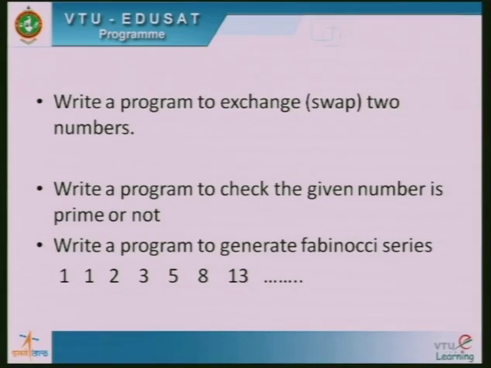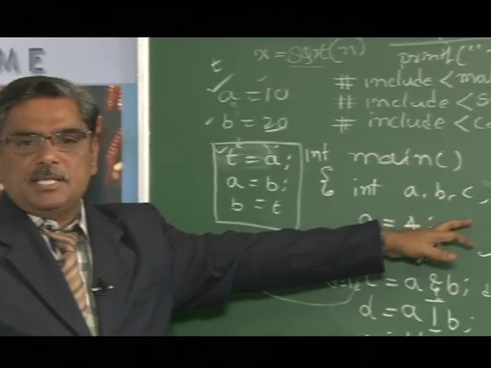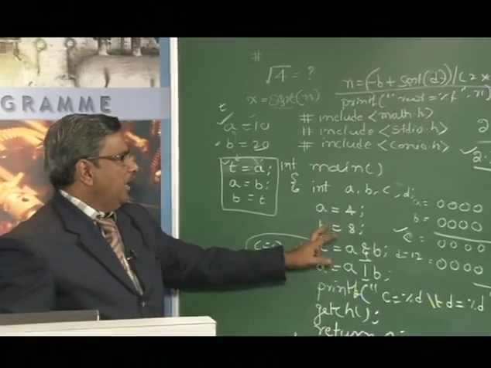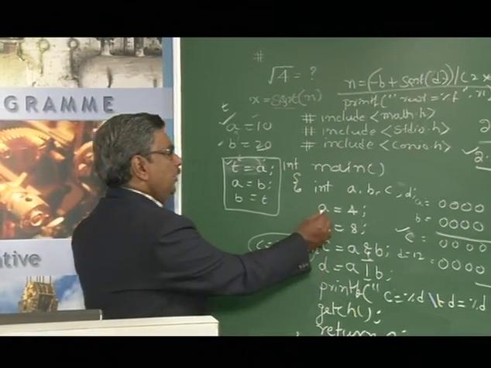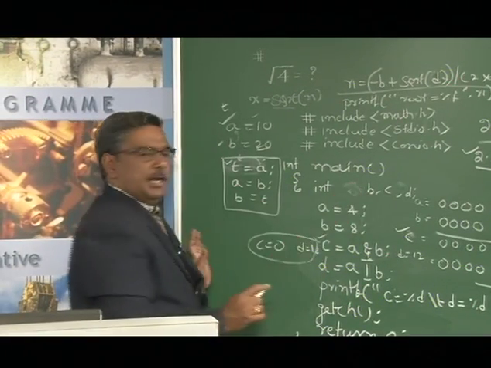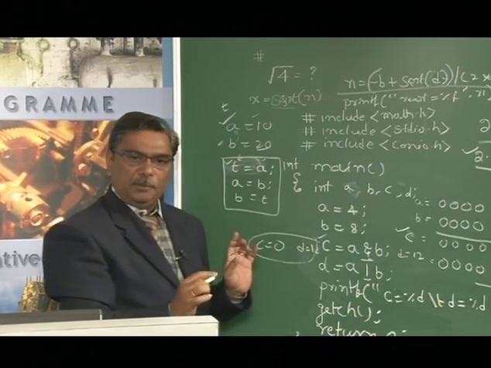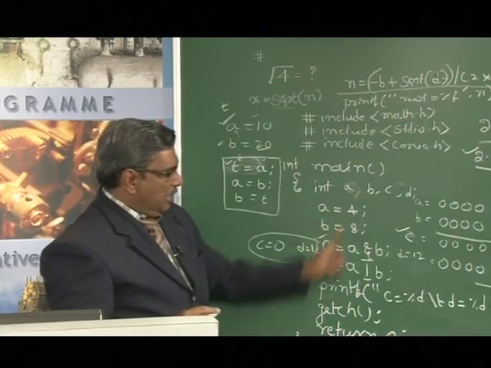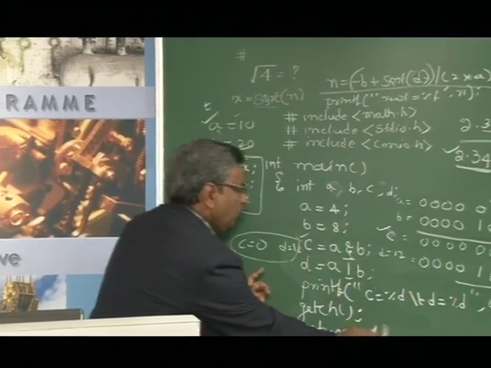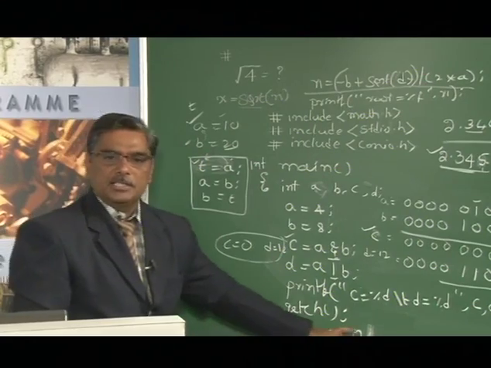While writing a program, you can observe many different types of errors that will be encountered. Some of the errors you are familiar with: a missing prototype, a missing semicolon, a missing comma, a variable not defined. If you use a variable here and have not declared it, then you have to declare this variable. If you do not put a comma, the comma is missing. If you have not placed a semicolon, the semicolon is missing.